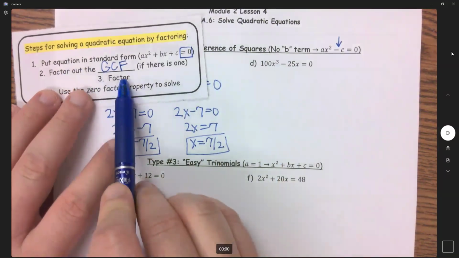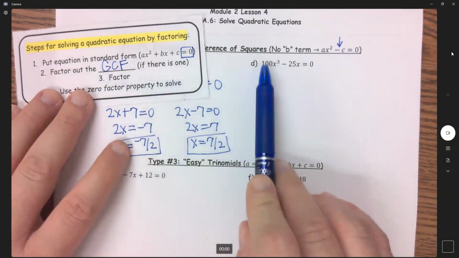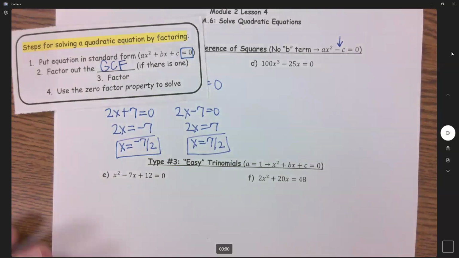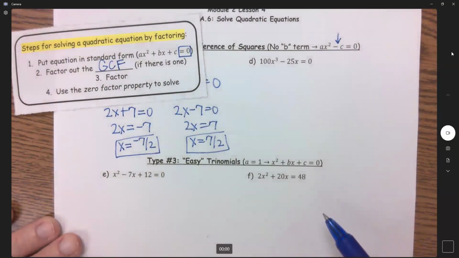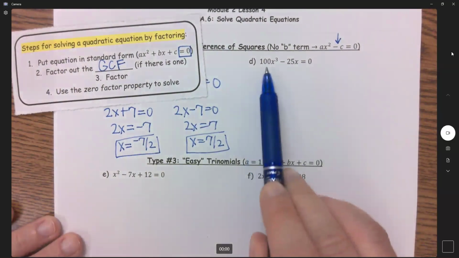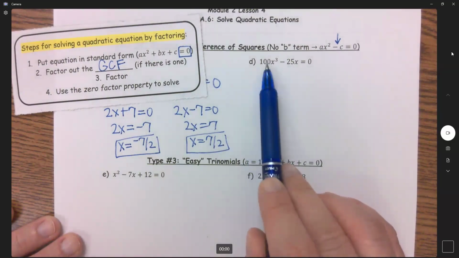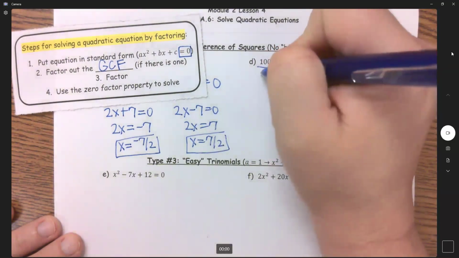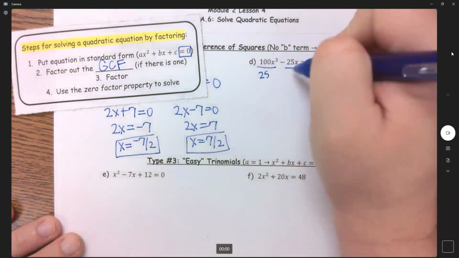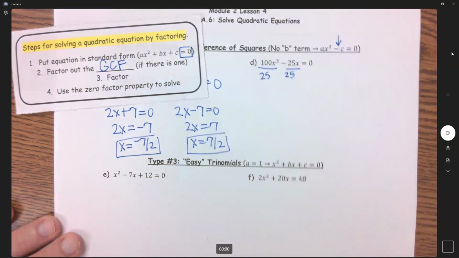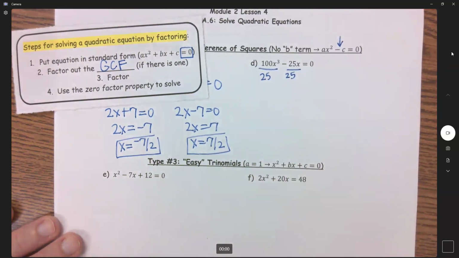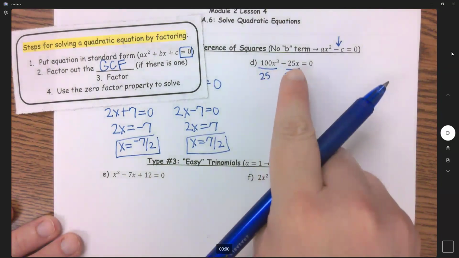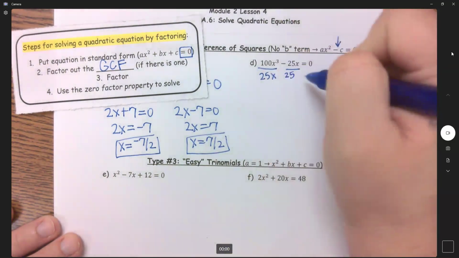Factor out the GCF if there is one. Is there a GCF? Can I divide both of these terms by the same number? And the answer is yes. What can I divide into 125? That's 25. And can I take any variables out? Well, this one has 3 x's. This one has 1. I can take out 1 x from both of them.